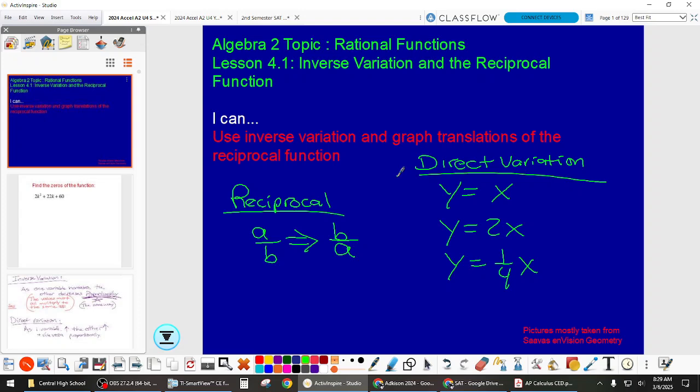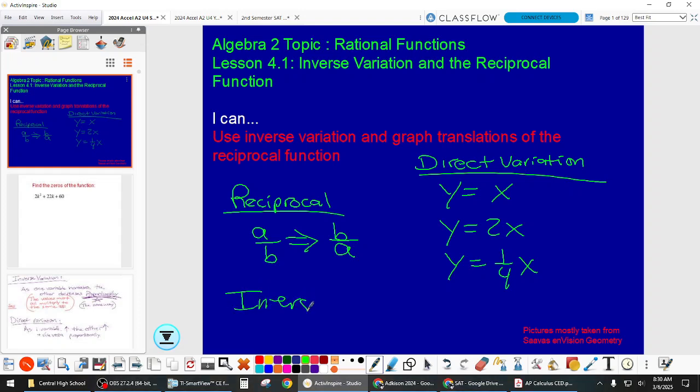What kind of relationships are all three of those? What would we have called them 5 minutes ago? Linear, right? Okay. So positive slope versus negative slope, does that make a difference? Yes. Okay. Here's inverse variation.